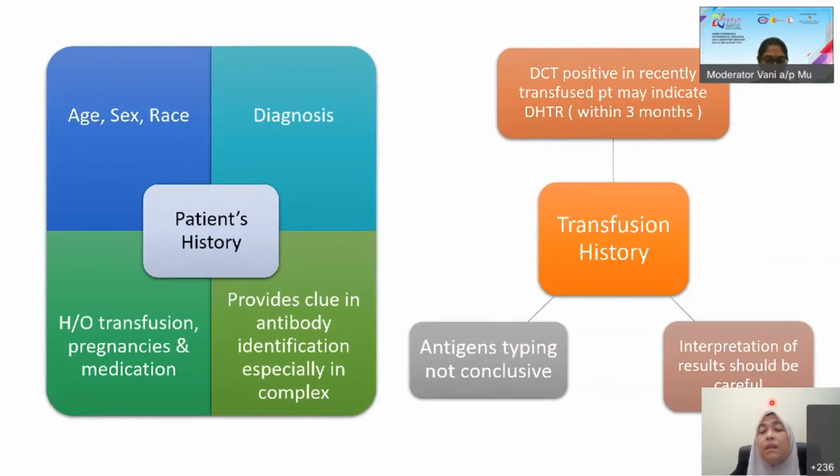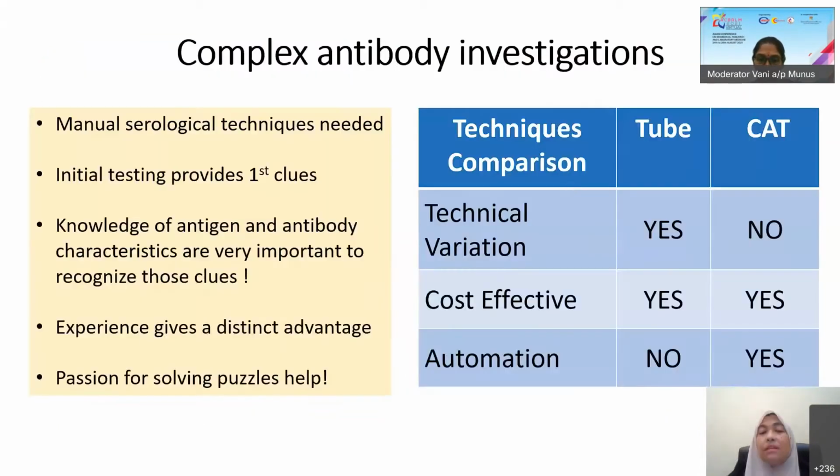Interpretation of the result should be careful for recently transfused cases. In terms of technical variation, the tube technique can be used in 3 phases: room temperature, 37 degrees, and AHG phase, while the CAT technique is only at the AHG phase.